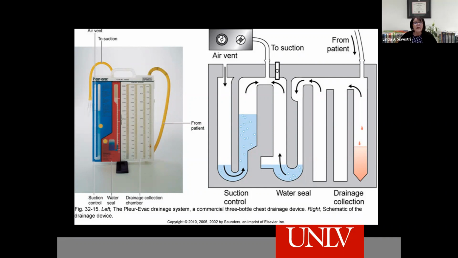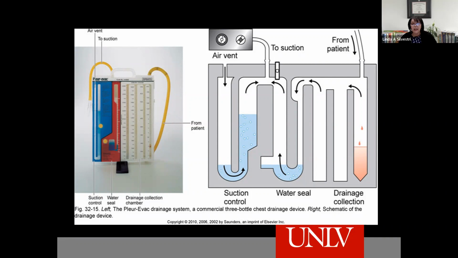in the suction control, but in the water seal drainage, you don't want to see continuous bubbling, because if there is continuous bubbling, then it could mean an air leak somewhere in that system. If there's an air leak, we need to do something about it. We need to find out if the air leak is in the system or inside the client.